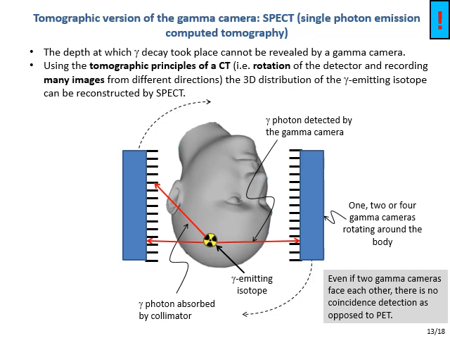We can only see a two-dimensional projection image. Obviously, this is a disadvantage, and the three-dimensional version of the gamma camera has been developed, and this tomographic or three-dimensional version of the gamma camera is called SPECT, standing for Single Photon Emission Computed Tomography.